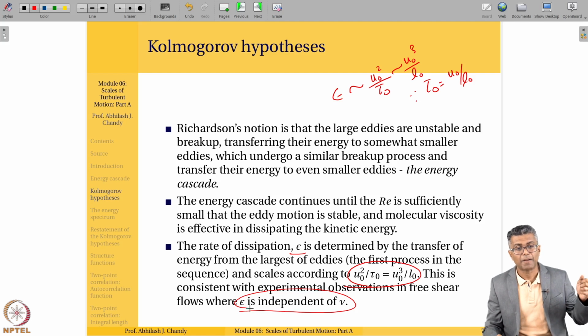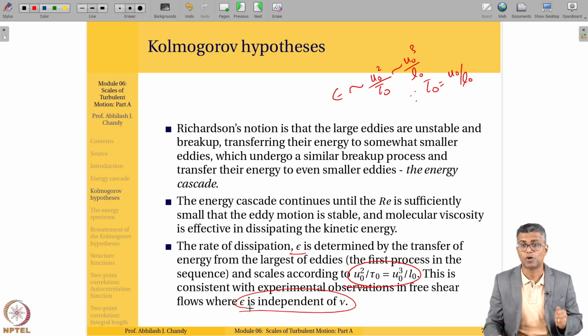So epsilon is determined by the rate at which energy is transferred. That is how we got u0 cube over L0. And it turns out it is independent of viscosity. This is what is happening at the large scales, isn't it?